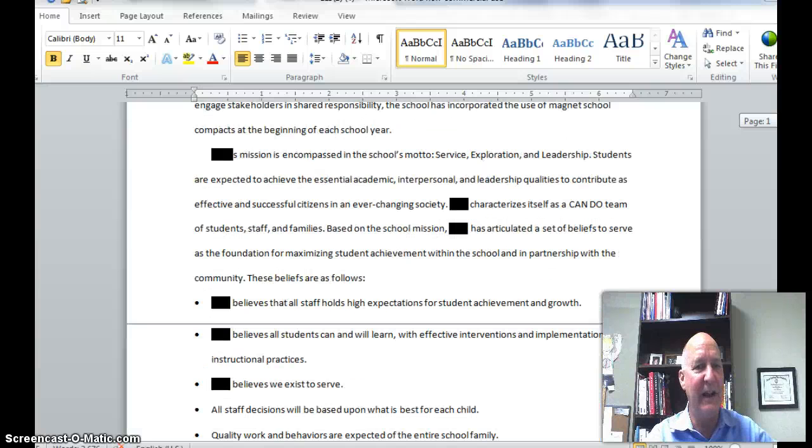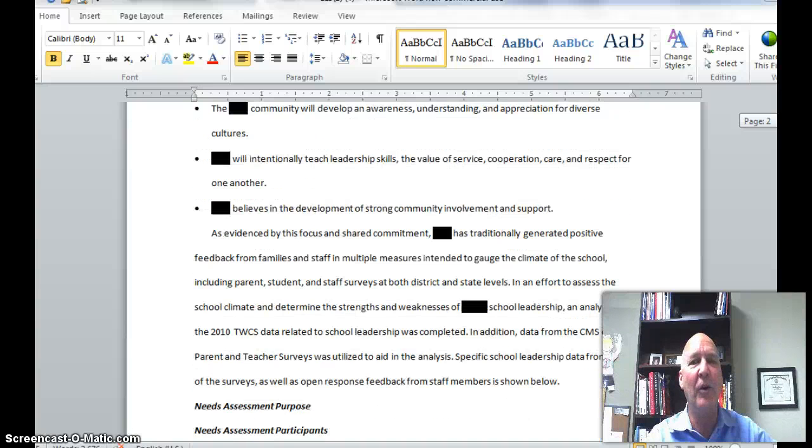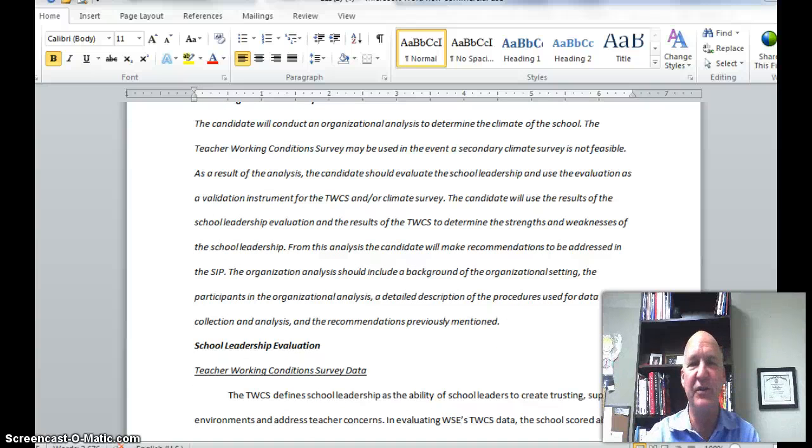You should be identifying something that needs to be done for your school to improve community relations or communication.